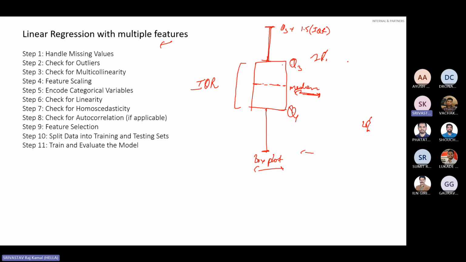This is 1.5, though I have not checked for a long time, but still it is 1.5. I will check it later. This is quantile 1 minus 1.5 IQR. So this technique says that anything which lies beyond Q3 plus 1.5 IQR, these are outliers. Any point which lies here, these are outliers.